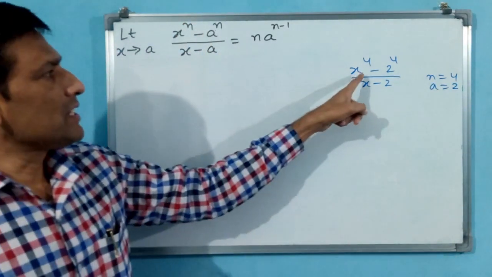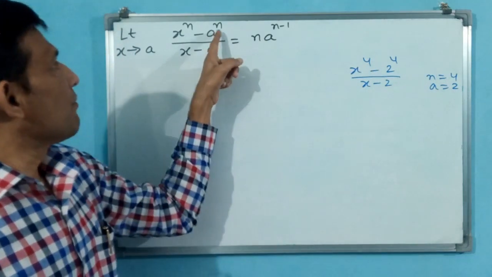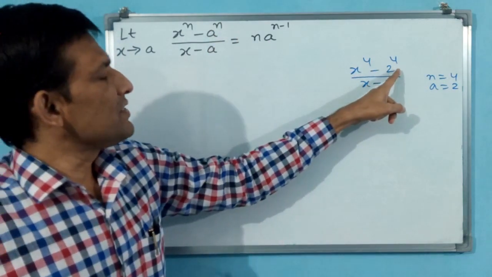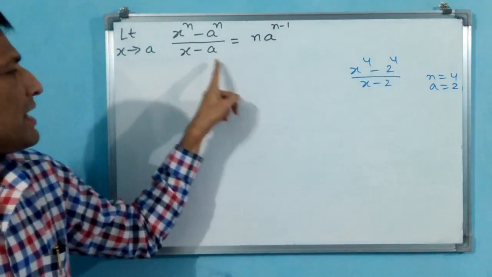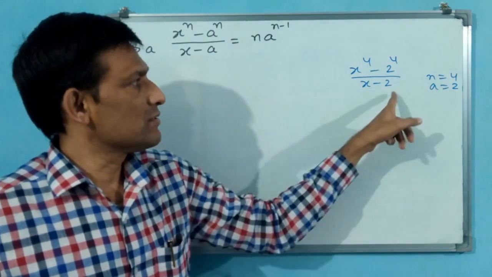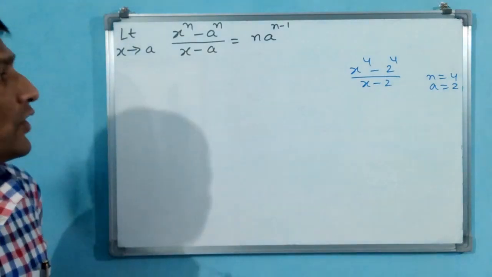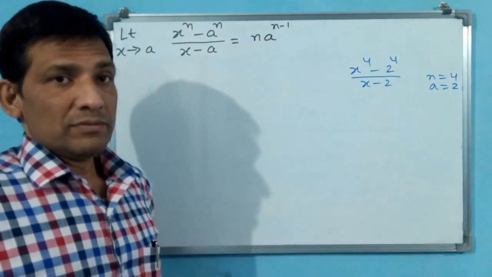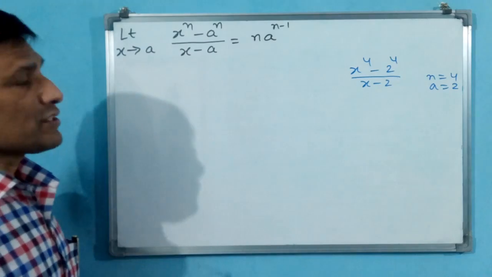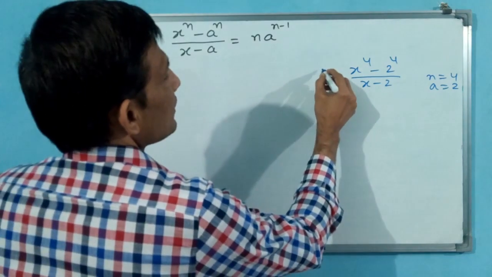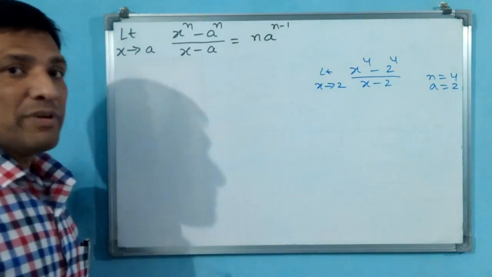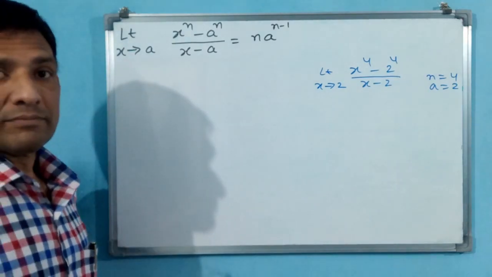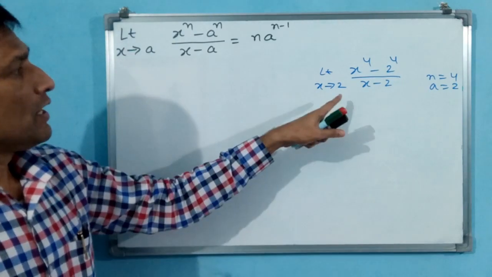X power n, n is 4, minus a power n, a is 2, 2 power 4, x minus a, x minus 2, a is 2. And also here limit x tends to 2, that also you have to keep in your mind. Limit x tends to 2.